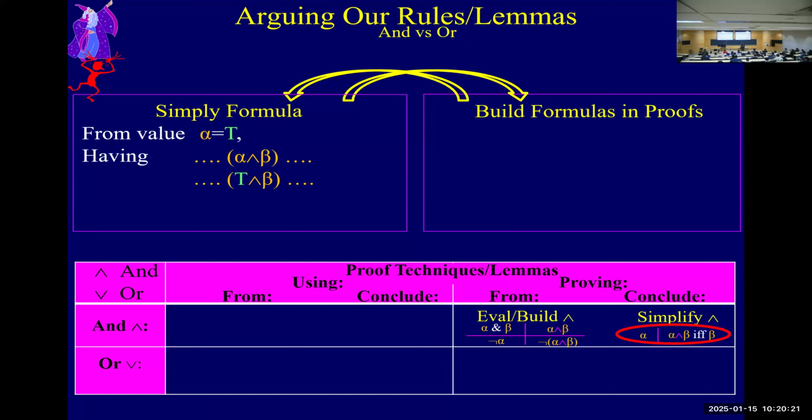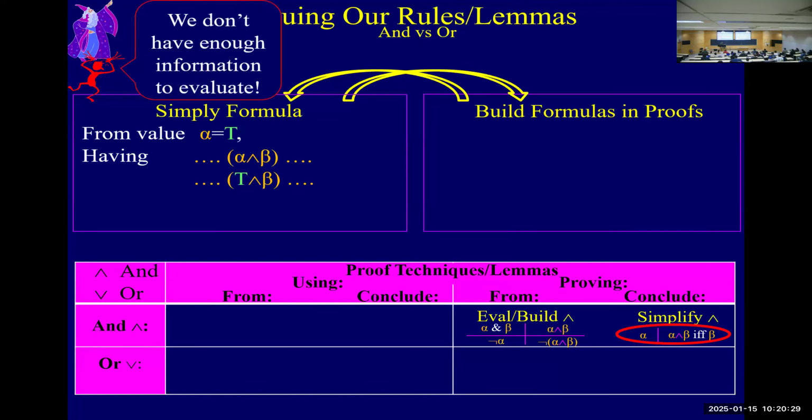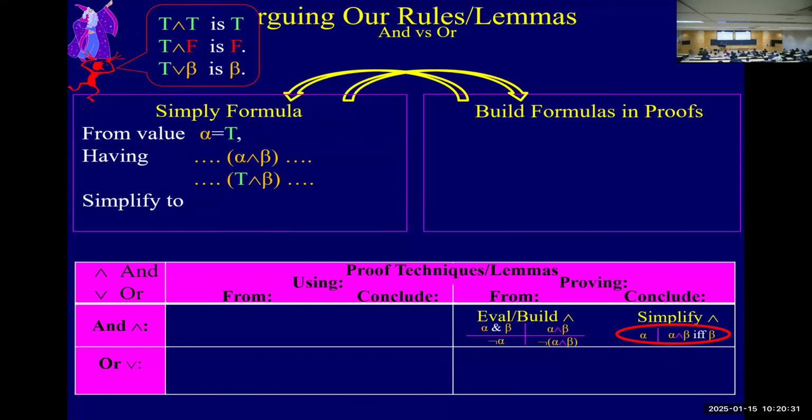And if it's simple enough, I can prune off this tree. So I can simplify it by saying, well, I don't have enough information, but I can simplify it to just being beta. You following this little thing here? Yeah, excellent. This piece is true if and only if this is true, right? Everybody good?